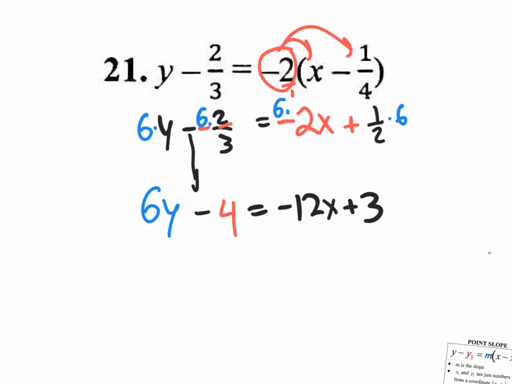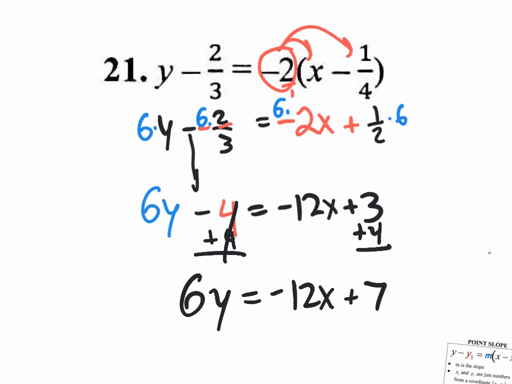And now let's get the y by itself, right? They want slope-intercept form. They want y equals mx plus b. So let's get the y by itself. Let's get rid of this minus 4 first by going plus 4 and plus 4. New equation, 6y equals negative 12x plus 7. Final step, get rid of that 6.